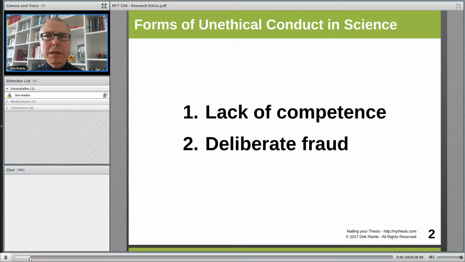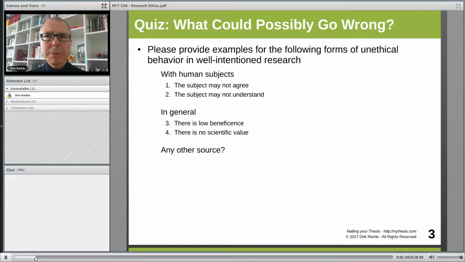You may think that lack of competence shouldn't count, but actually lack of competence, not being at the state of the art, not understanding best practices, will lead researchers straight to unethical behavior, even if the research is well-intentioned. So we will discuss these two sources of unethical behavior in detail now.